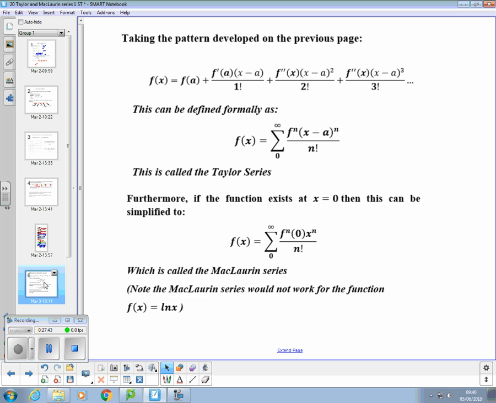So the infinite series can be estimated as this power series: the sum of f to the n, x minus a to the n over n factorial. And that's a succinct way of writing what's called the Taylor series.